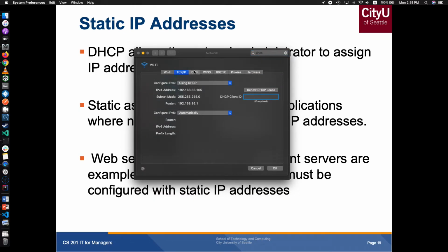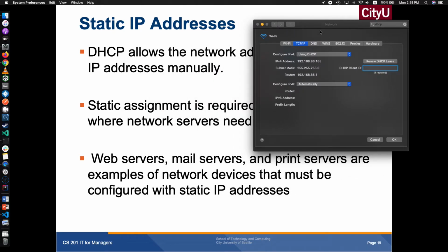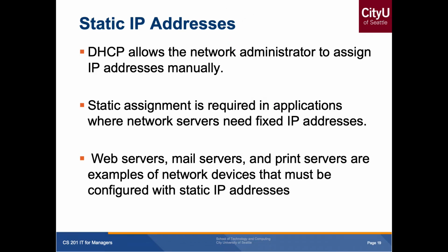There you go. So right now, if you're using Mac OS, cool, you can check out all the stuff here. You can manually do that. You can use DHCP with a manual address, which is defined in here, right? But most of the time, you just want to use this automatic.